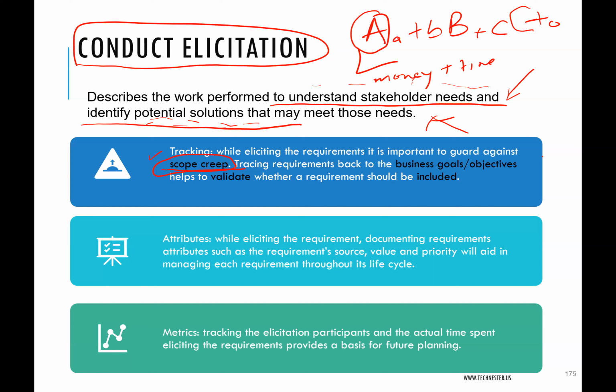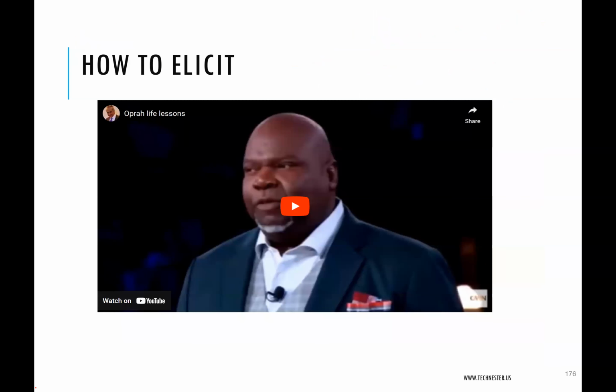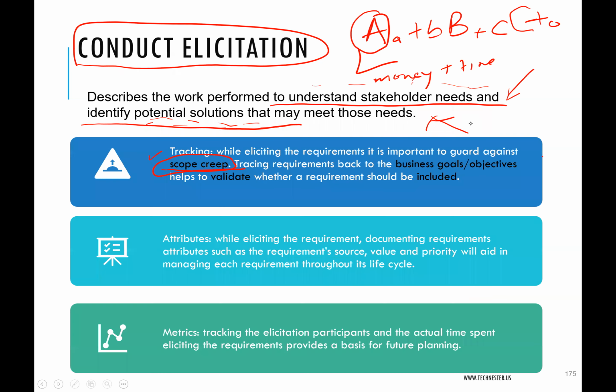Now, this is also a good place to mention gold plating. Gold plating in this sense will now mean, the stakeholder wants a particular feature. Small letter A will do.